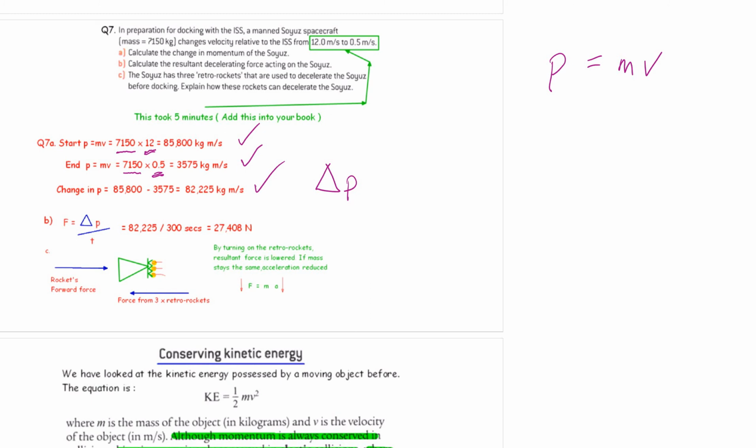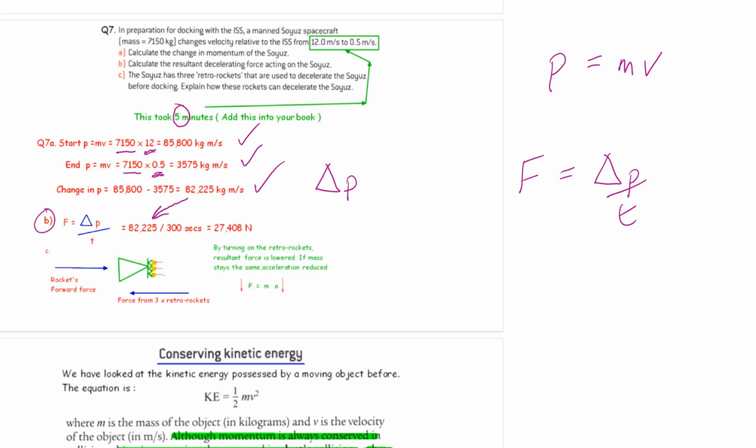Okay? Now, B, calculate the resultant decelerating force. If you remember, force is change in momentum divided by the time. We've got the time here at 5 minutes, but obviously you have to turn that into seconds. So for B, we've got our change in momentum, which is this value here, divided by the time.